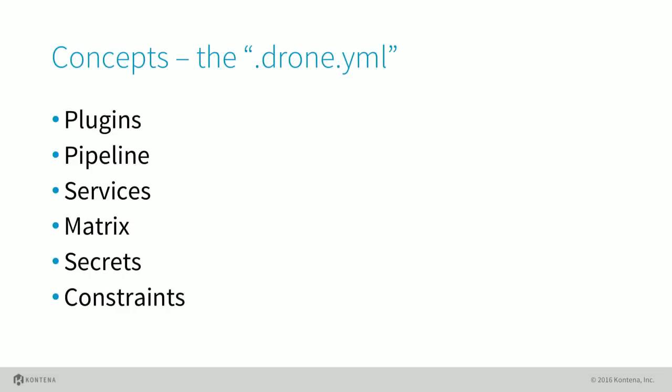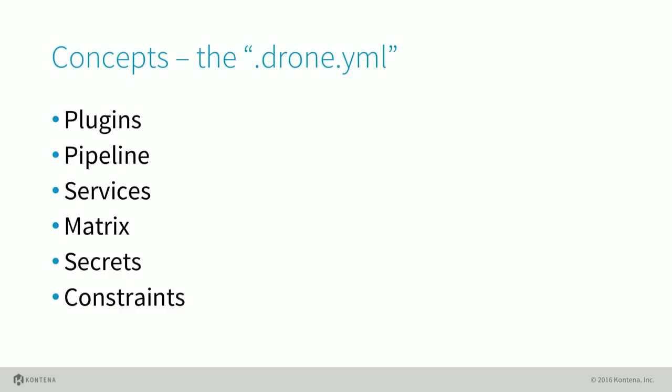In drone YAML, you can also define services, and services are things that will be available for each and every step in the build process. So for example, if your application uses MongoDB, you can spin up a MongoDB service, and that will be available throughout your build process. For each of the build containers, it will be available on localhost.